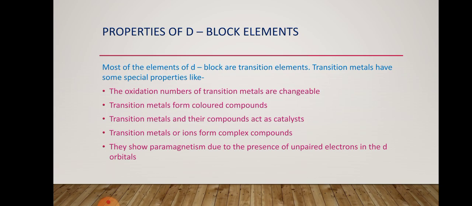The transition metals form colored compounds. Transition metals and their compounds act as catalysts. Transition metals or ions form complex compounds. They show paramagnetism due to the presence of unpaired electrons in the d orbital. They are metals of high melting and boiling points. They have high densities also.